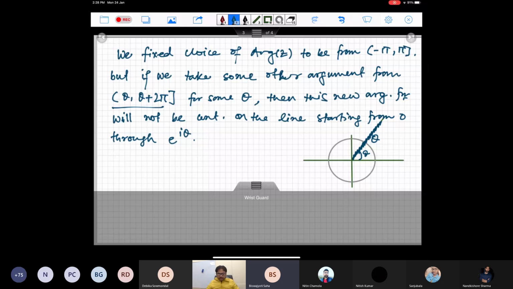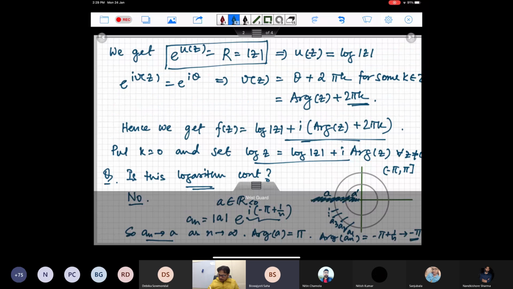So some line starting from 0 and going through e power I theta has to be removed from the complex numbers. For example, if theta is equal to minus pi or pi, that line is nothing but the line starting from 0 and going through -1, which means the negative real axis, exactly what I had over here.